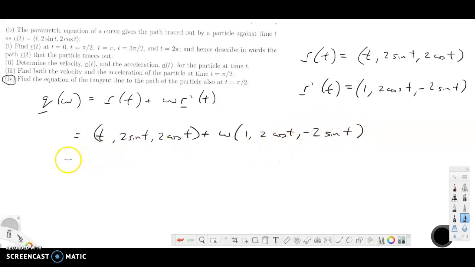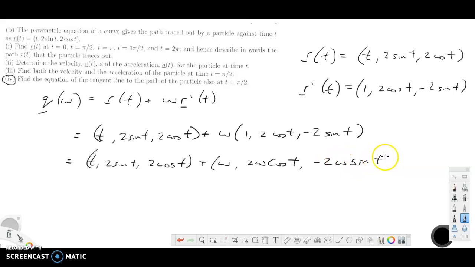And we multiply and tidy that up, so the first bit here stays the same. Then we have omega times 1 is omega. And the second component becomes 2 omega cos t. And the third component becomes minus 2 times omega sine t.